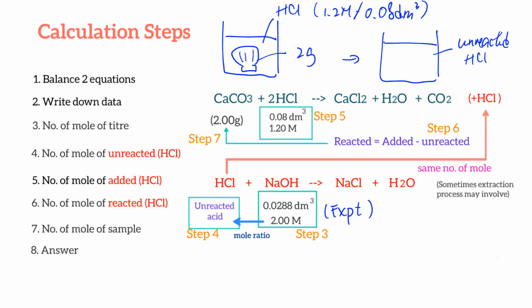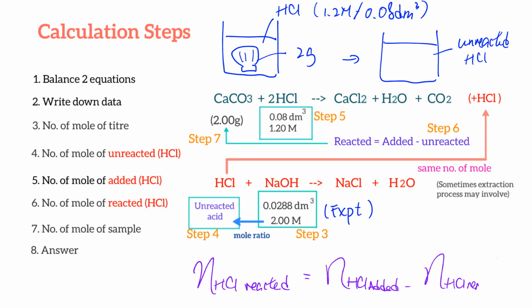So how much acid has reacted with this calcium carbonate? It will be the difference between the added minus the remaining, which is the unreacted. I repeat one more time. Remember, the number of moles of HCl reacted equals the number of moles of HCl added minus the number of moles of HCl remaining.